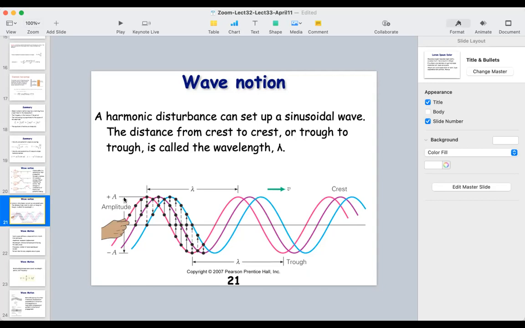The amplitude we saw before is the two extremes of the oscillation, plus A and minus A, same as our simple harmonic motion we saw before. And from crest to crest is called lambda, the wavelength, okay? And it has a certain velocity to transmit this wave from here to a different position.